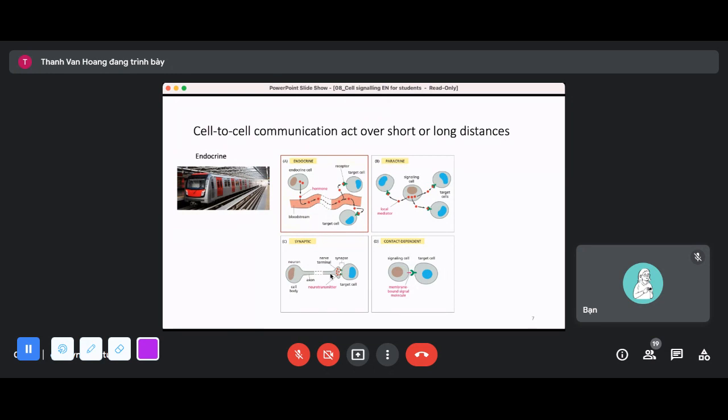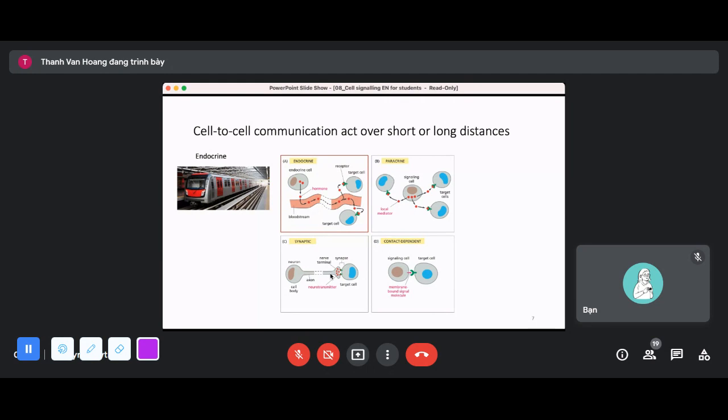My first guess on the advantage is that it's very fast. How fast is this? I cannot answer that. Probably the speed of the bloodstream as well. If you imagine when the cells secrete hormone, how long it takes for the cells through our body to get the signal.